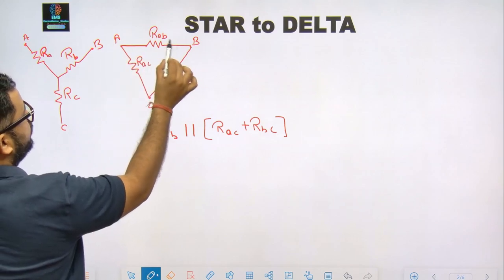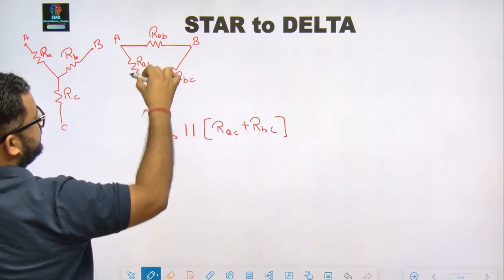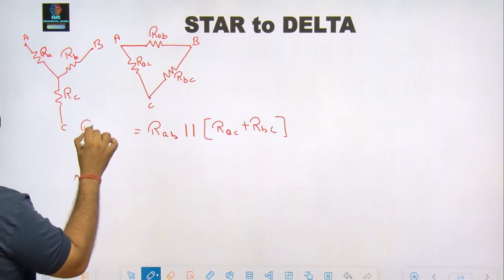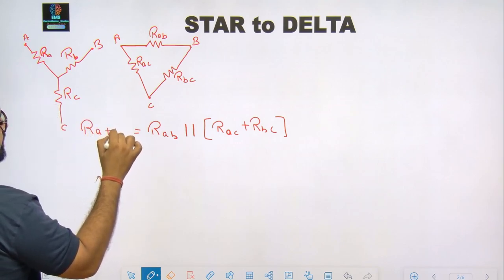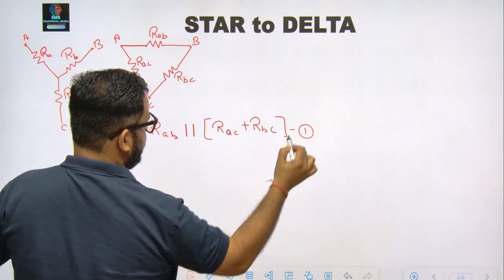When we are looking at the star network, this combination is RA plus RB. So this is my first general equation.